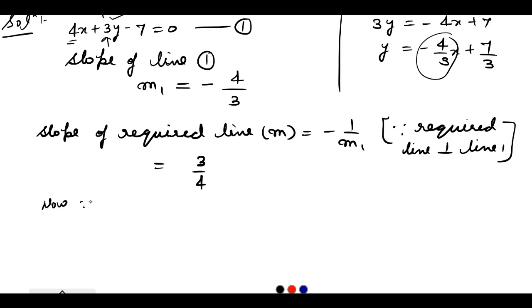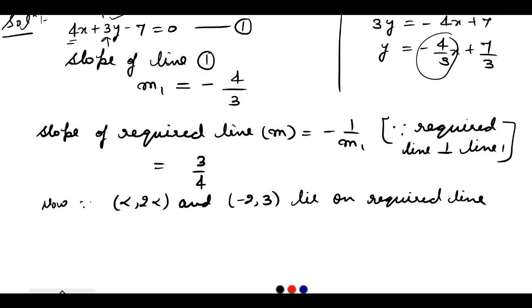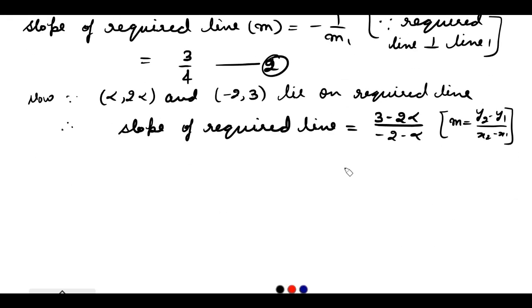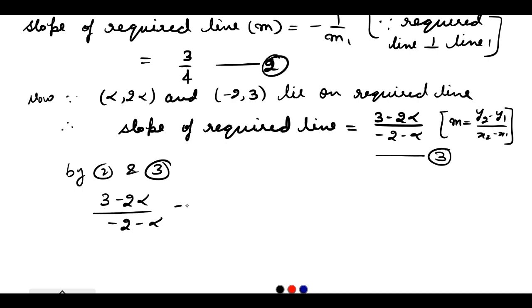Now, since alpha comma 2 alpha and minus 2 comma 3 lie on the required line, therefore the slope of the required line is y2 minus y1 upon x2 minus x1, by the points 2 and 3, that is 3 minus 2 alpha upon minus 2 minus alpha, is equal to 3 by 4, because both denote the slope of the required line.